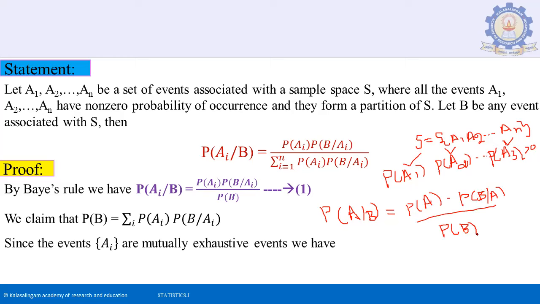We want to prove that P of B equals the summation of P of Ai into P of B given Ai.